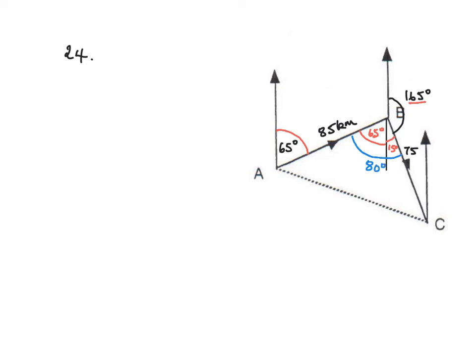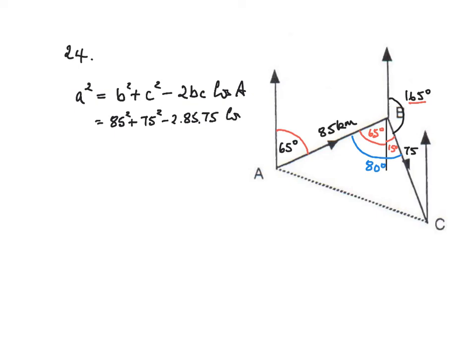Now, we've got an angle between two sides, that's the cosine rule. A squared equals b squared plus c squared minus 2bc cos A. So it's 85 squared plus 75 squared minus 2 times 85 times 75 times the cos of 80 degrees.